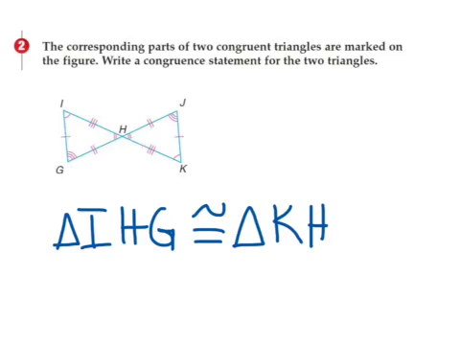And by default, we only have 1 more to choose from for triangle KHJ, therefore we'll list it here. But it's always smart to make sure that angle G has the same amount of slashes as angle J, which they do. Therefore, we've listed triangle IHG and triangle KHJ in the correct corresponding order.